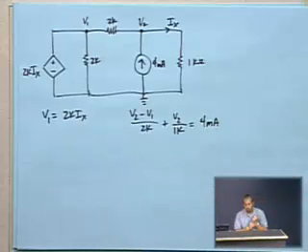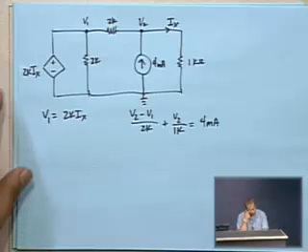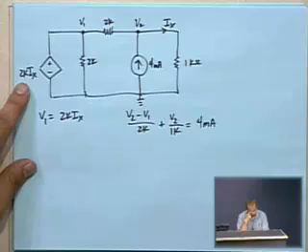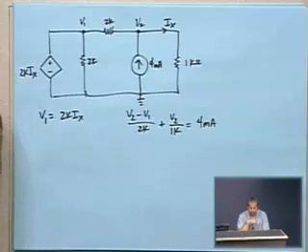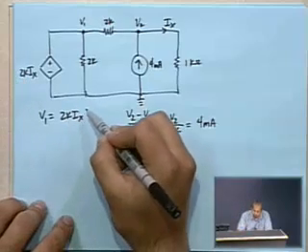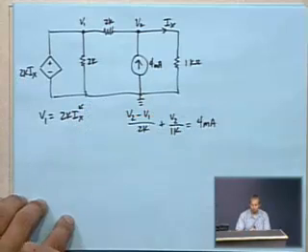So we've got our two equations, but in this case V1 is somewhat easier to define, and we need to write the controlling equation for that dependent source to make it work nicely. The key thing to look at here is Ix.